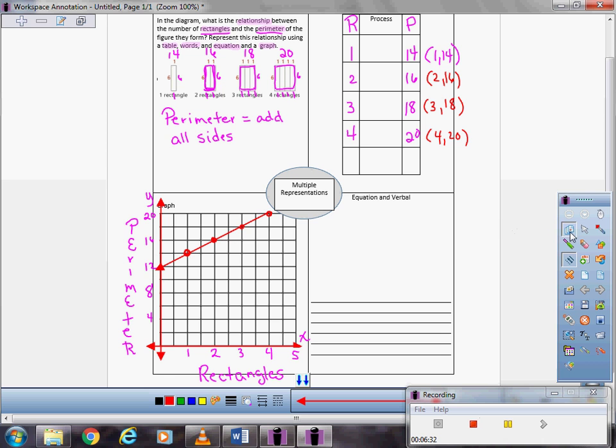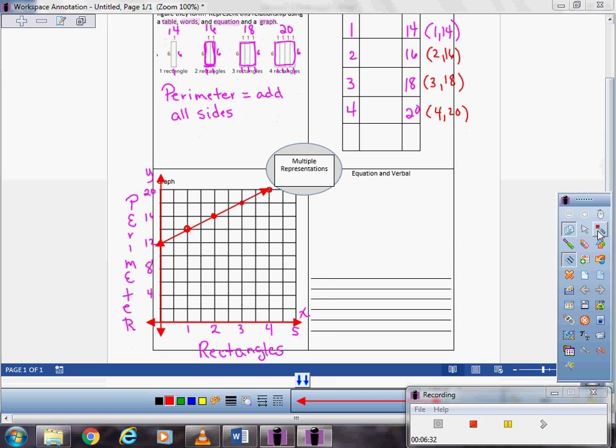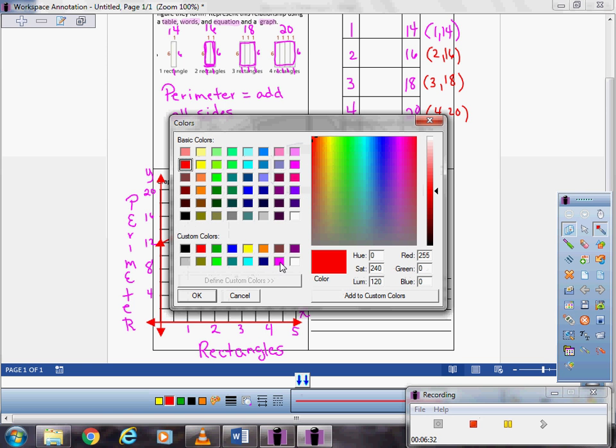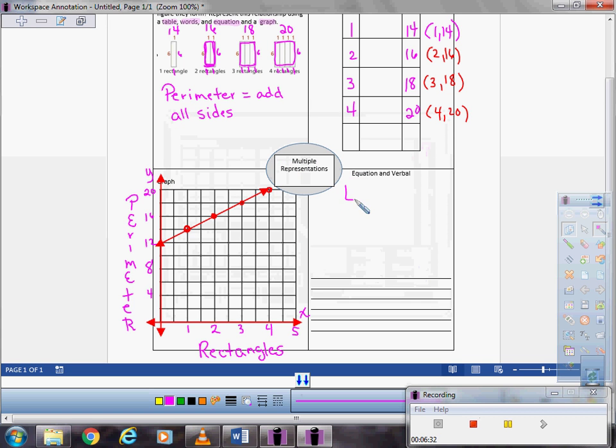So since it's a linear function, we're able to see that all linear functions have one formula in common. And that formula is the same for all linear functions. So let me pick a different color here. It's a linear function. And the formula that they all have in common is y equals mx plus or minus, sometimes it's minus, b.